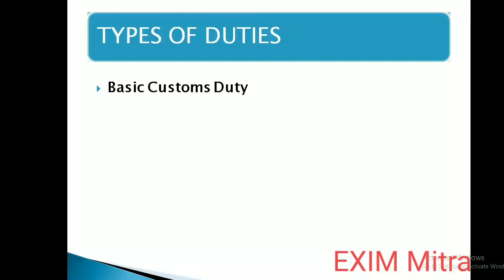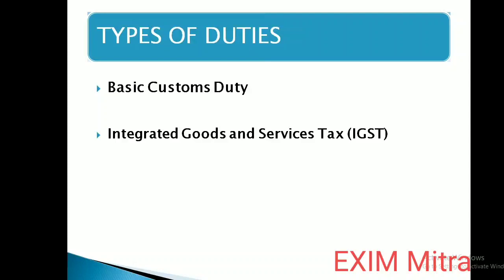These are the basic custom duty that is governed by the Indian Customs Act, the IGST, Integrated Goods and Service Tax, which is governed by the Indian Customs Tariff Act 1975, and another is the social welfare surcharge that has come into existence after replacing the education surcharge and higher education surcharge. So guys, basic custom duty depends on the chapter.